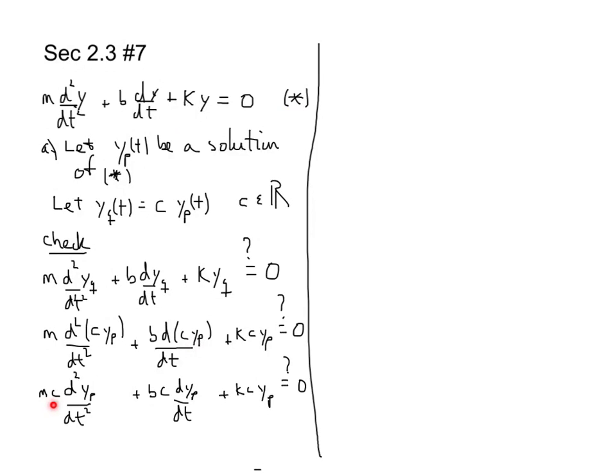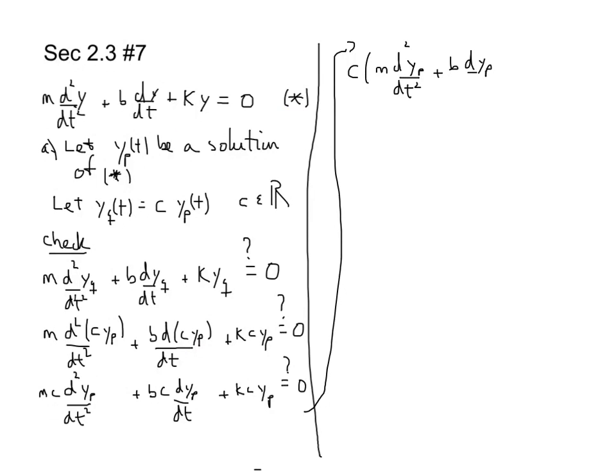Well, there's a common term of c here, here, and here, and I'm going to factor that out. I'm going to take my equation up here to the top, and factor out my c, and I see that I have just m times the second derivative of y sub p plus b times the first derivative of y sub p plus k times y sub p.